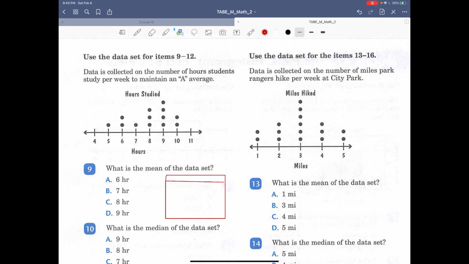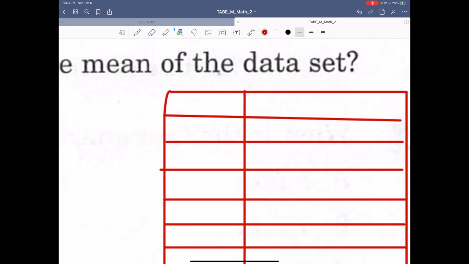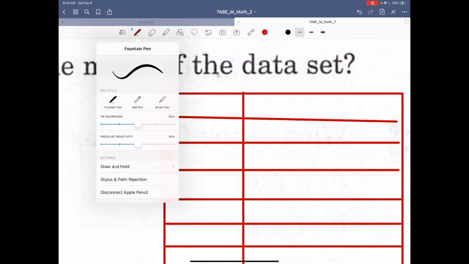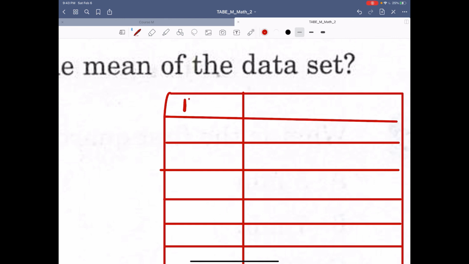So I have 1, 2, 3, 4, 5, 6 rows plus a header. And in this case, we're looking at the number of hours. And the frequency this time, I'm going to use the word students.